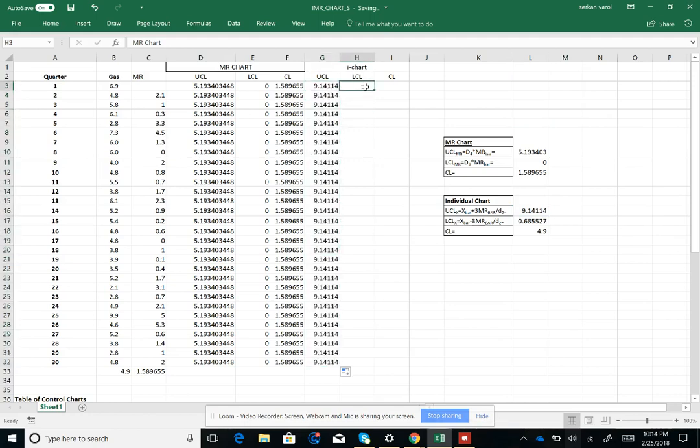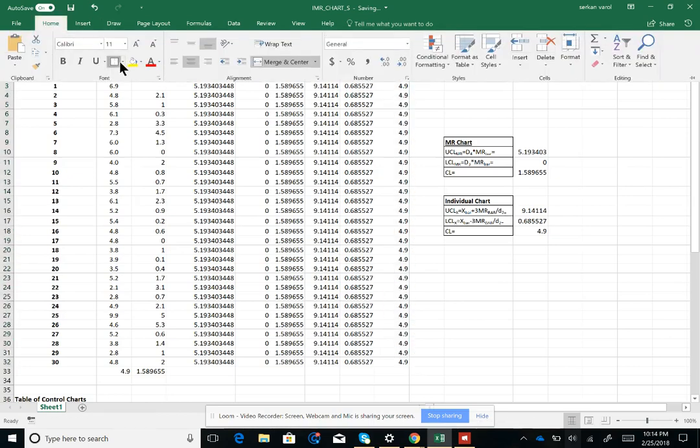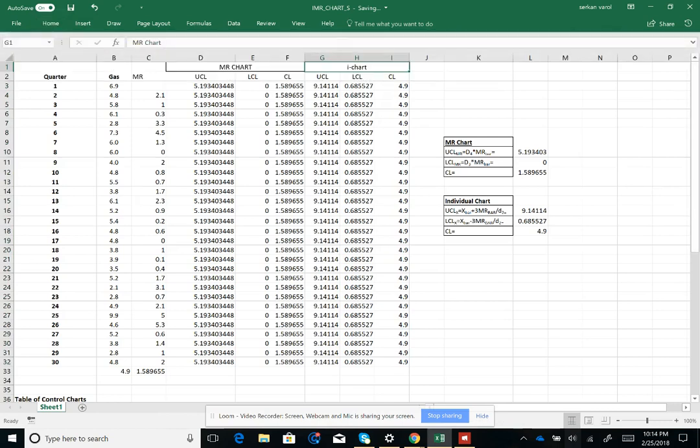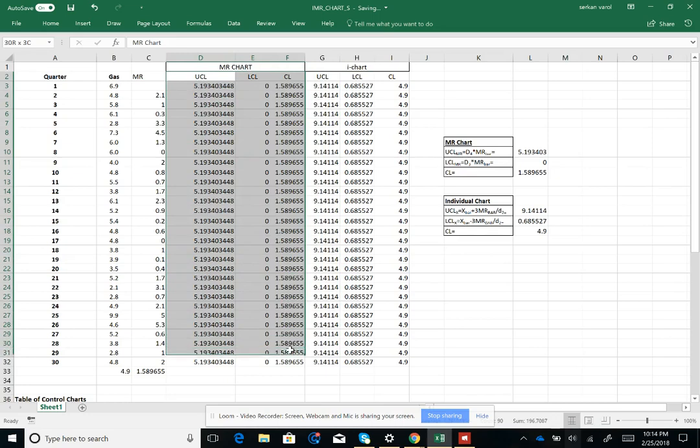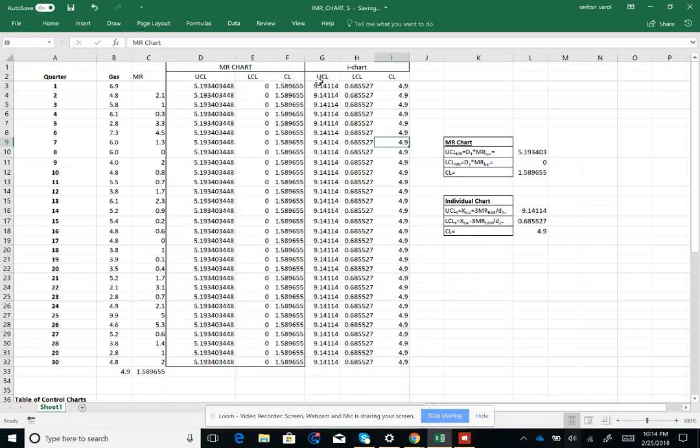And my lower control limit is L17. And my central limit is L18. Okay. I mean, you can play with the design and everything, however you feel comfortable with it, but this is how it should look like. In fact, let me just play with it a little bit so that it looks beautiful too.